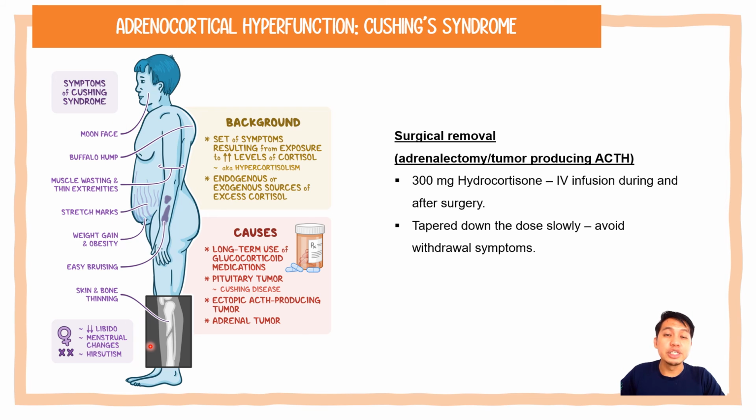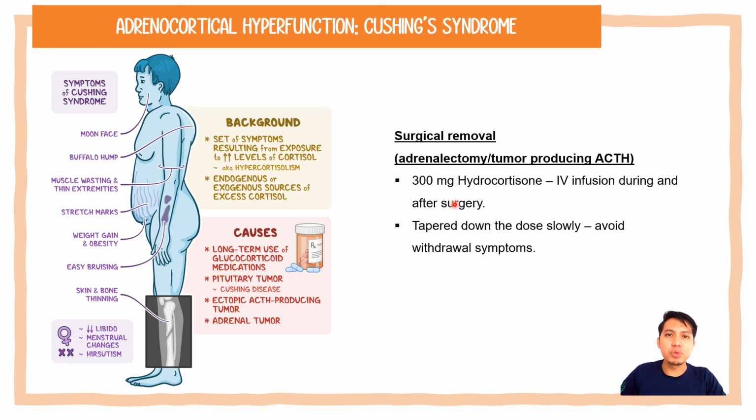This disorder is treated by surgical removal of the tumor producing ACTH or cortisol, irradiation of the pituitary tumor, or resection of one or both adrenals. These patients must receive a large dose of cortisol during and after the surgical procedure.